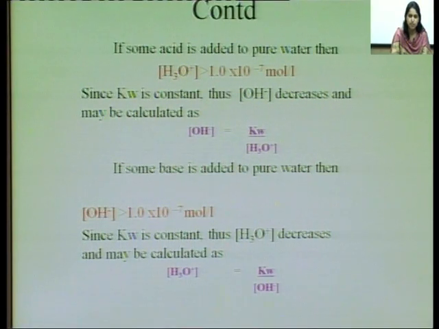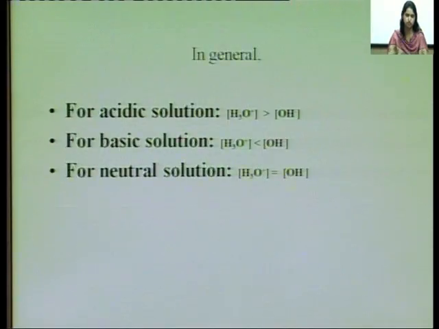If some base is added to pure water, then what happens? Then the hydroxyl ion concentration increases from 1 into 10 raised to minus 7. Since Kw is constant, the hydronium ion decreases. It can be calculated by applying the following relationship, that is hydronium ion is equal to Kw over OH negative ion concentration.